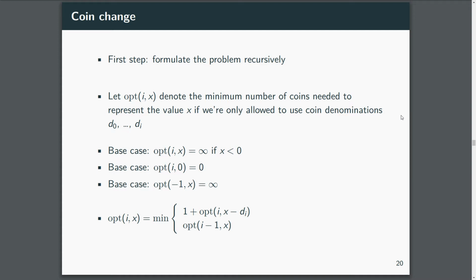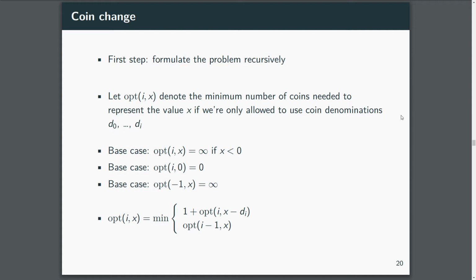Otherwise, in the general case, suppose we're at the ith coin and the amount of money we need to give out is x. Then we can give out the ith coin and add 1 to our result. And the remaining subproblem will be that we are still at the ith coin, but we have d_i less money left to give out.